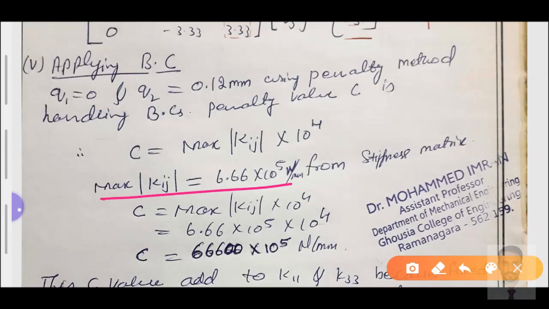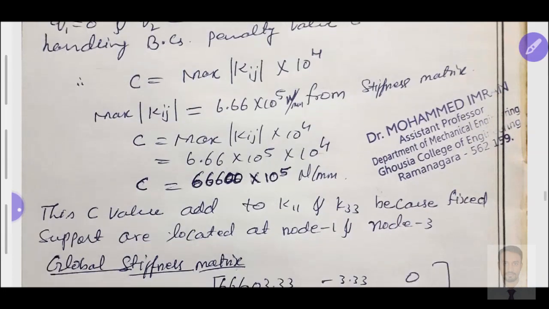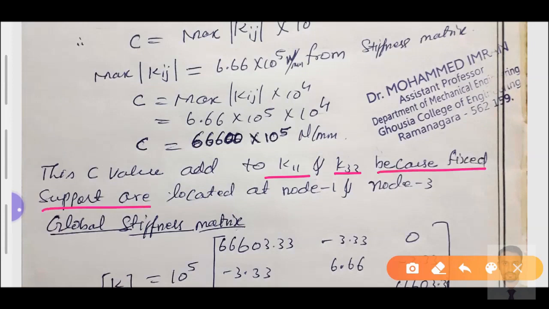The K max value is multiplied with 10 to the power of 4. This value equals 66600 into 10 to the power of 5 Newton millimeter, the penalty value of the given problem. After getting that penalty value, we need to add it to the K11 and K33 values, because it is assumed that fixed supports are located at node number 1 and 3.